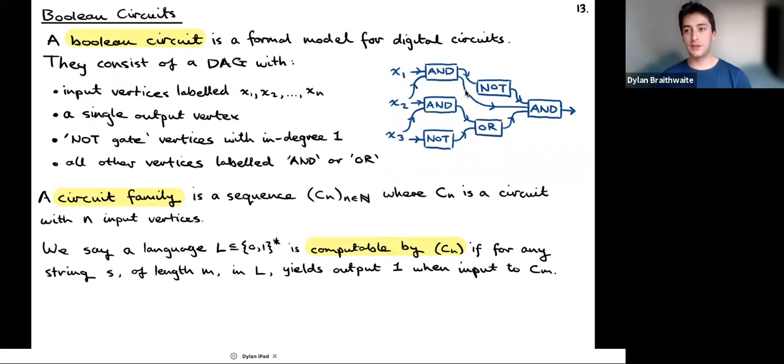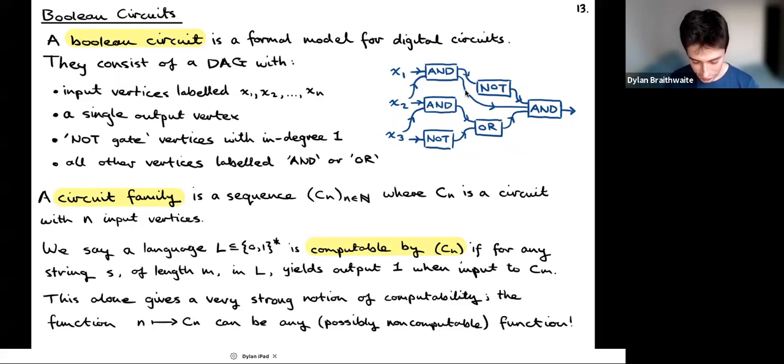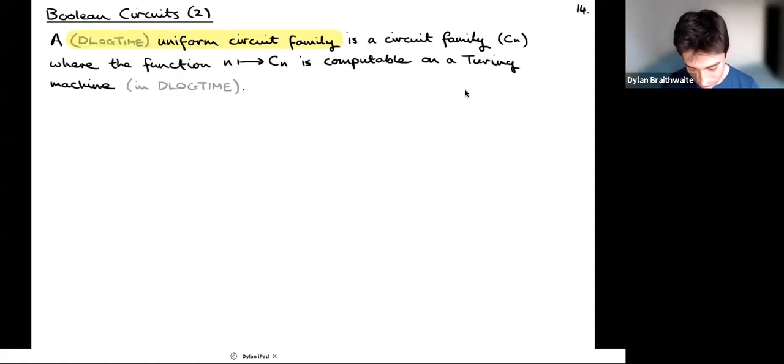But this, as it's defined now, is a very strong notion of computability, because this map here, which goes from n to Cn, this can be any function so far, even uncomputable ones. So we kind of want to restrict that a bit, and from that we get the idea of a uniform Boolean circuit, or a uniform family of Boolean circuits.